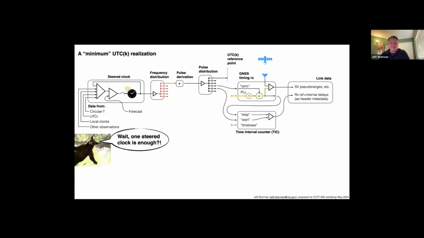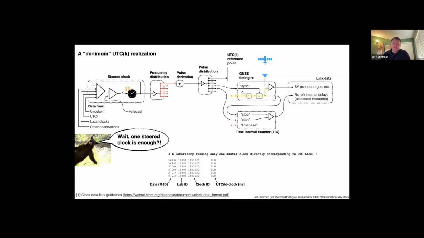Some of you may be thinking, wait, is this enough? There's only one atomic clock, one steered clock, and that's all they have in this minimum realization. But it's true. The BIPM itself in the guideline document for clock reporting explicitly gives the case of what your report looks like when you only have one clock.